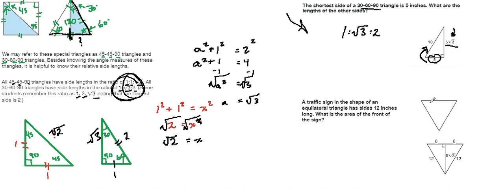A traffic sign shaped like an upside down equilateral triangle has sides that are 12 inches long. So 12, 12, and then that leaves me with a 6 and 6 bisected here. 30, 60, 90.